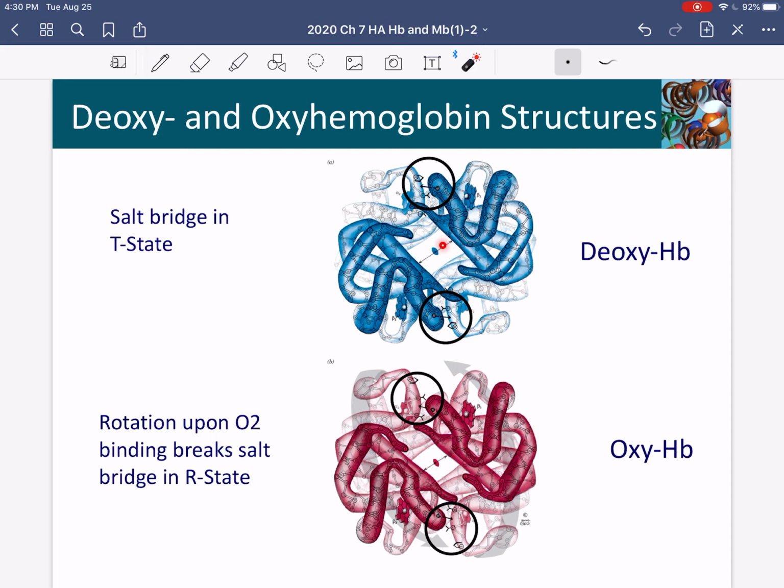There's a double-headed arrow there indicating that there's a distance change in the center of the deoxy and oxy conformations. So this is the T state, the deoxy state, and it's got a wider gap in the middle. And that becomes important when we start binding other molecules to hemoglobin. That gap narrows as the protein irises down.